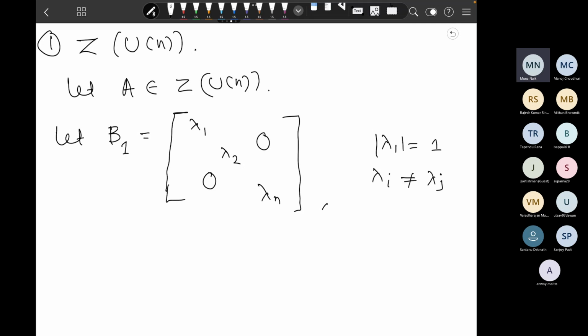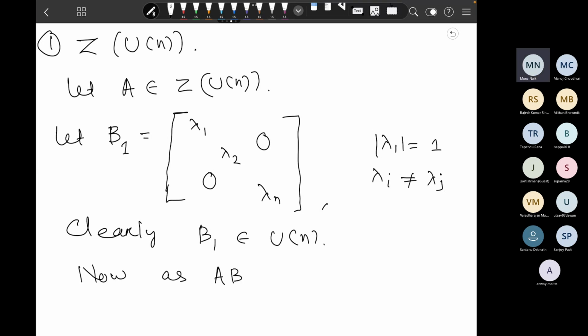This is possible to choose different elements because S^1 is uncountable, so you have to just pick n different points. So clearly this B1 belongs to U_n.